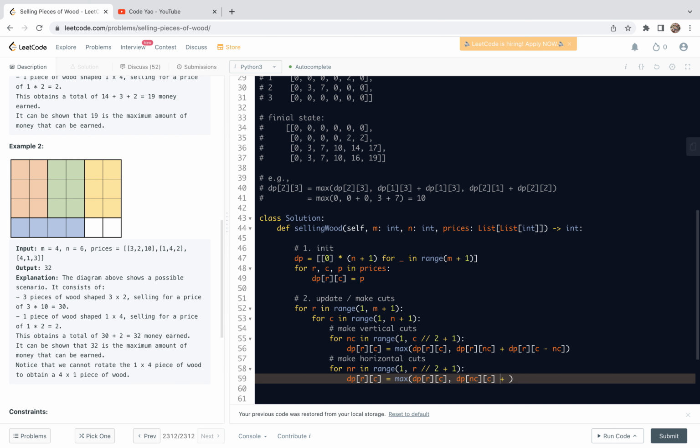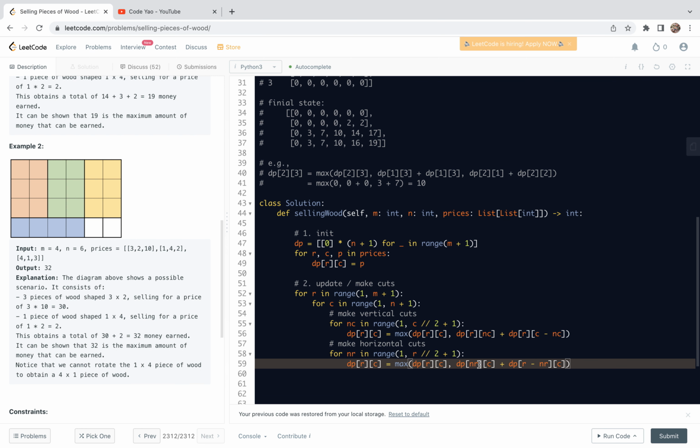The previous state, and then we cut this into two pieces, dp[nr][c] plus dp[r minus nr][c].